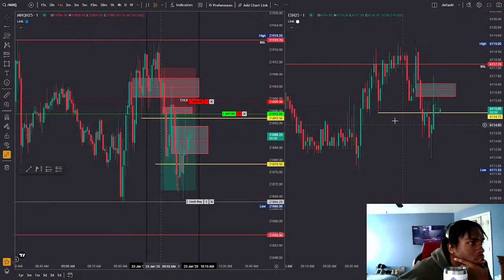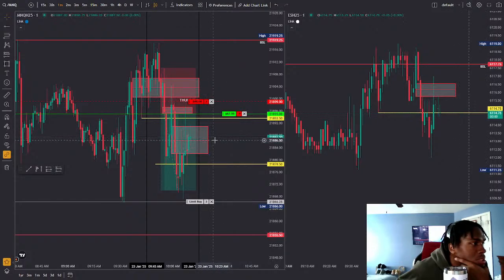Liquidity right here, yeah. You set that liquidity right here. And we just close over this midpoint of this gap.